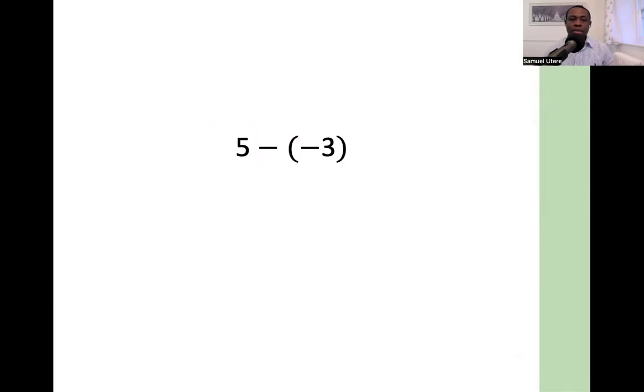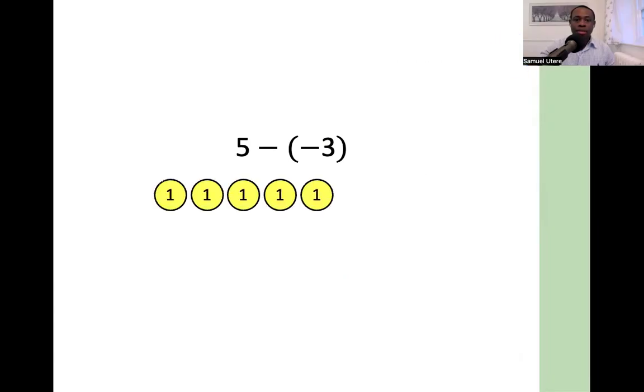Next, if we have 5 counters and we're asked to subtract 3 negative counters, because that's what that calculation is, what we have is this. But I want you to think, how would we represent zero pairs such that we can have 3 negative counters that we can take away?